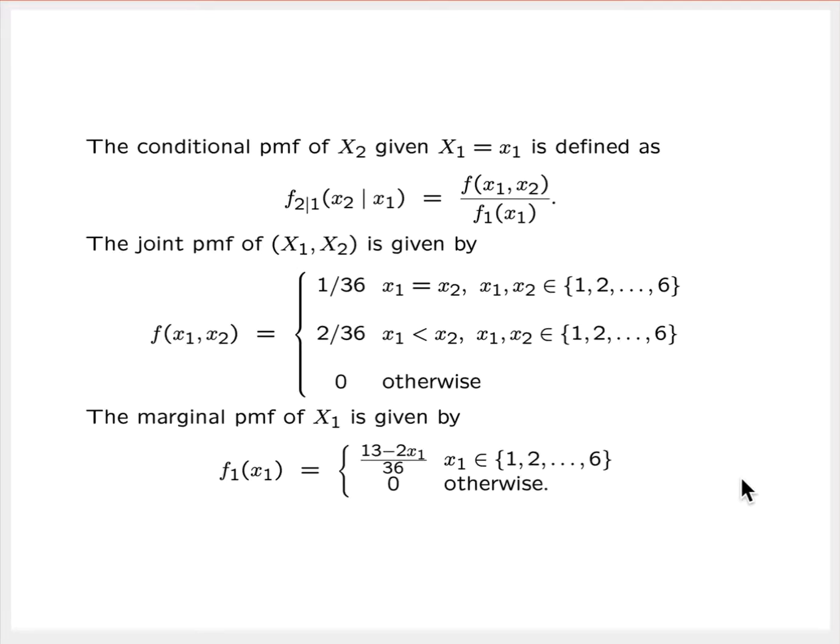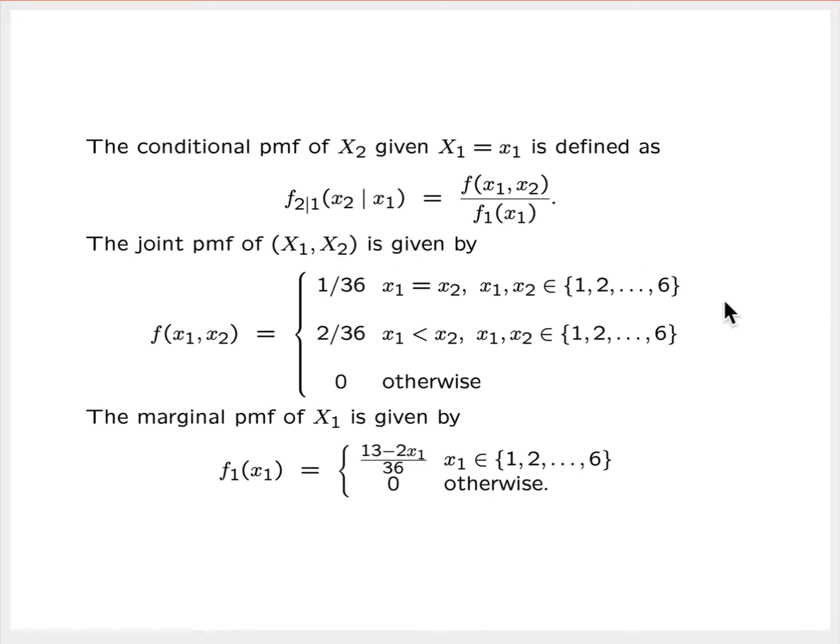Now, likewise, we can derive the conditional distribution of x2 given x1 analytically. Again, remember that in order to come up with the conditional PMF of x2 given x1, which is denoted this way, we divide the joint PMF by the marginal PMF of x1.